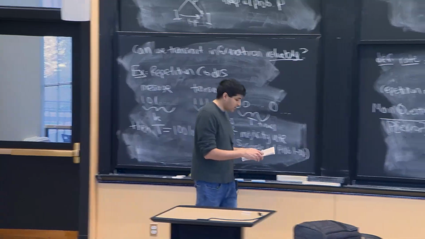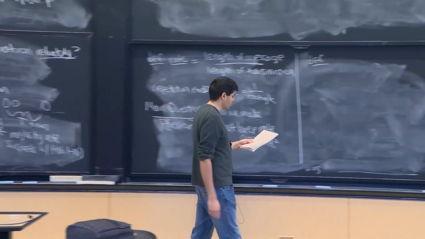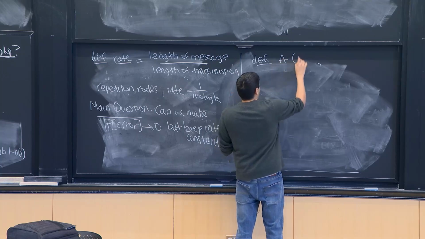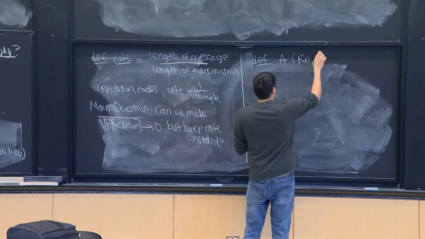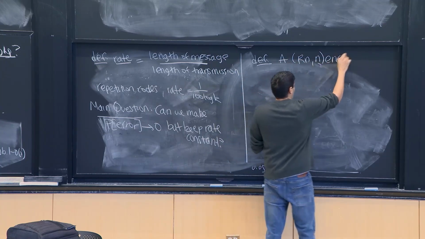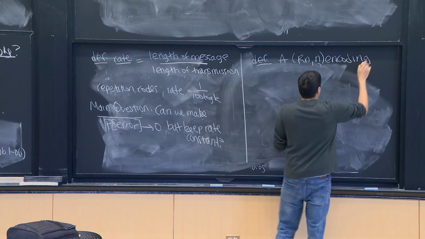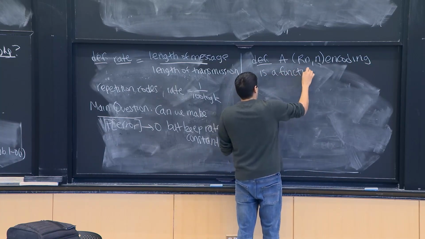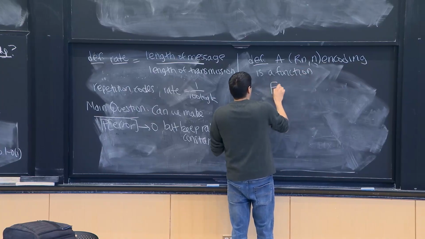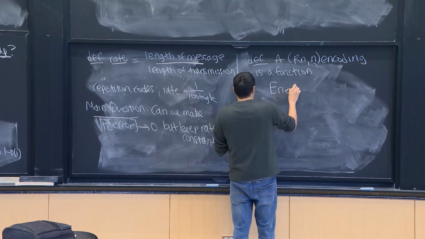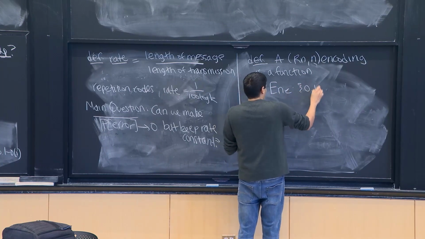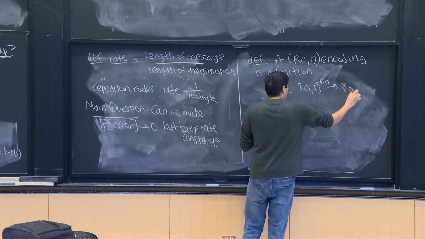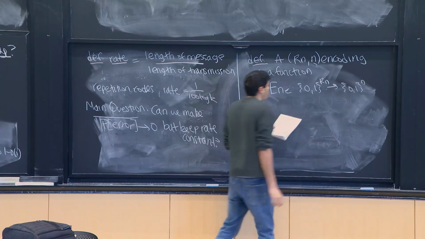But in general, we could think about very different kinds of schemes. So we'll say that an (R, n) encoding is a function, which we'll write as enc, that goes from {0,1}^(Rn) to {0,1}^n.